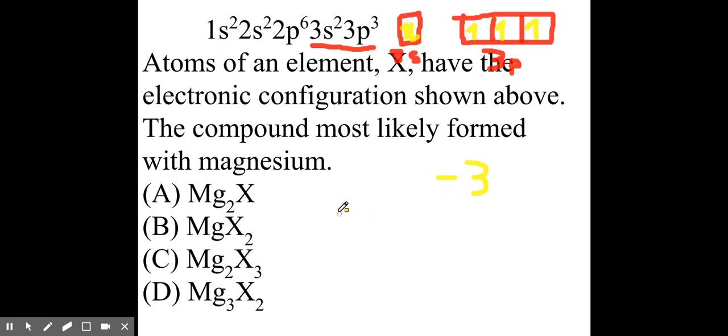Now magnesium, its oxidation state is a +2, or 2+. And then if I had X with a 3-, if I did the crisscross rule, I would get Mg3X2. Very nice. So it would be D.